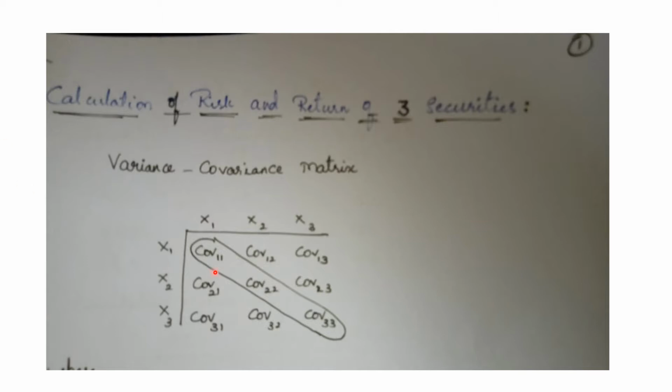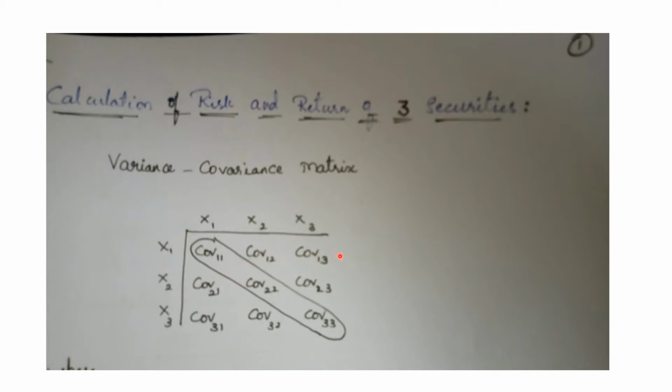Say suppose we have three securities, then in that case the covariance matrix will be in this form, that is covariance 1 1, covariance 1 2, and covariance 1 3. So x1, x2, x3, you can see the three securities.